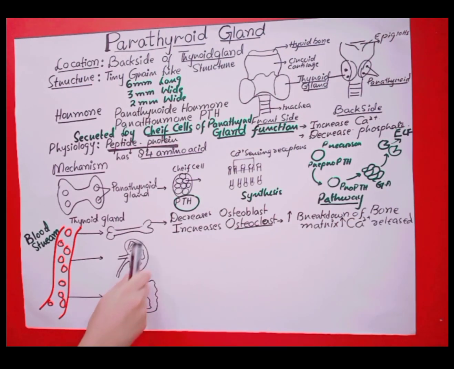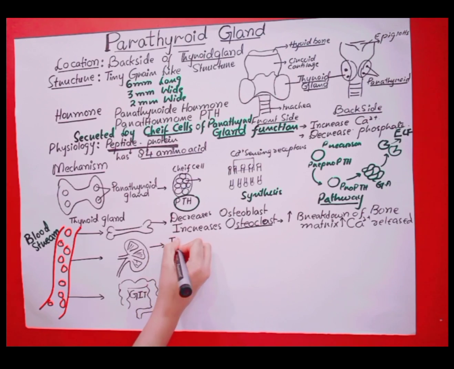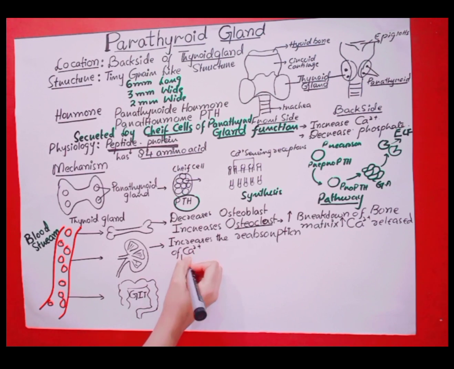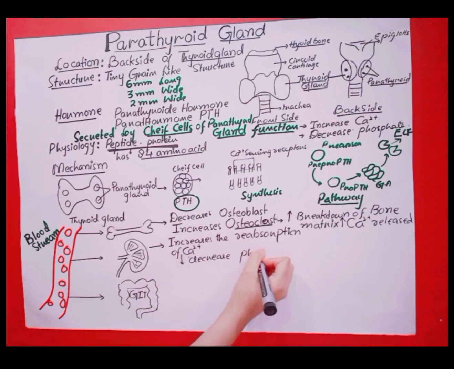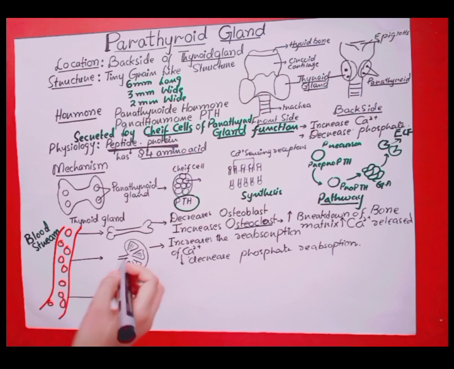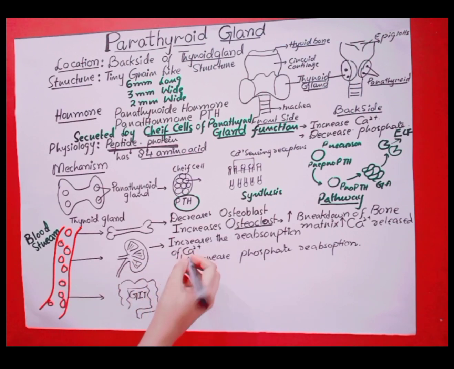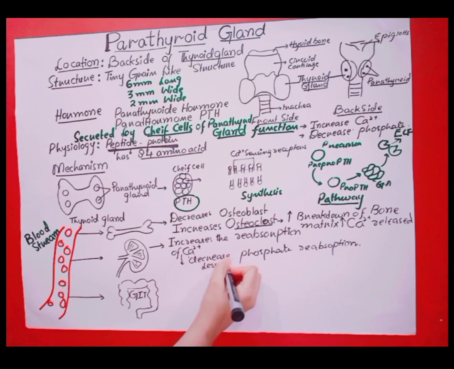In the kidneys, this parathyroid hormone increases the reabsorption of calcium and decreases the reabsorption of phosphates. Within the proximal convoluted tubule of the kidney, more calcium will be reabsorbed and less calcium will be excreted in the urine.